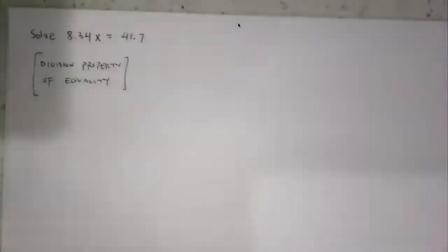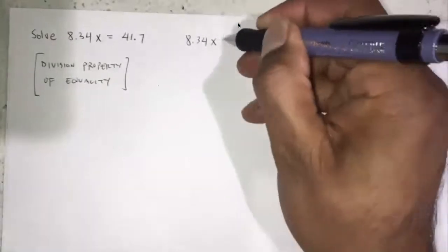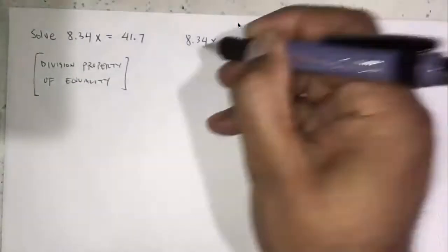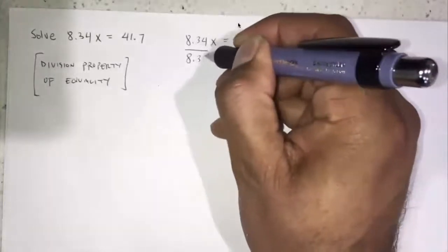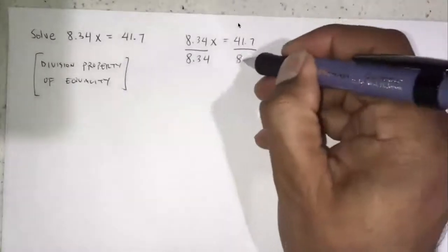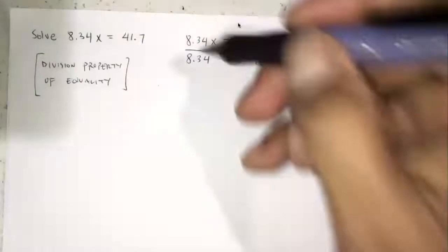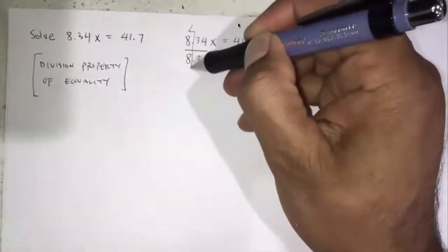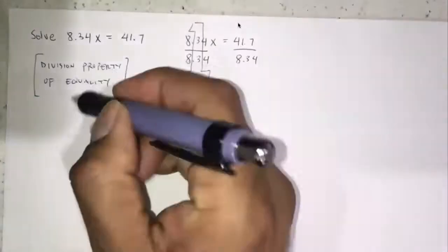Remember that this gives us permission to divide both sides by the number 8.34. The reason it's giving us permission is because this must equal a 1, hence equality.